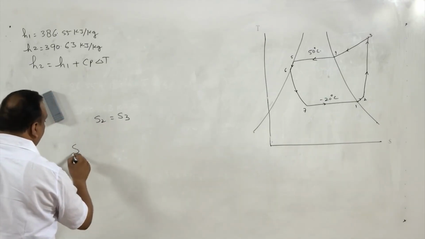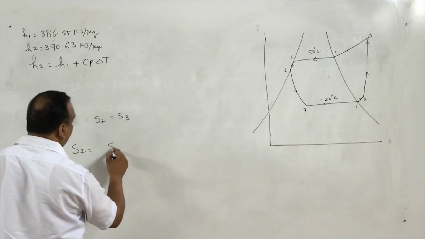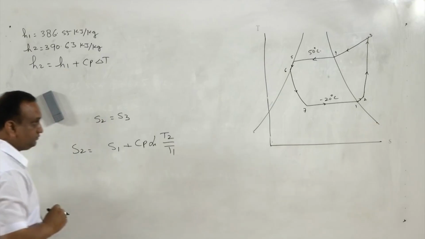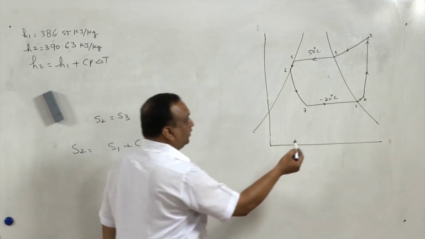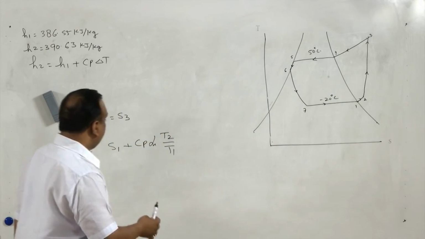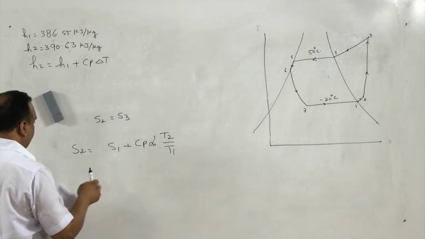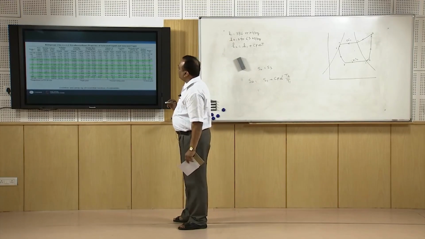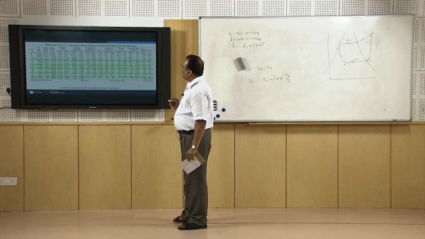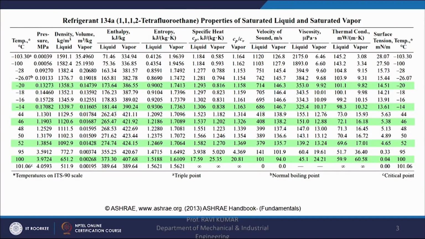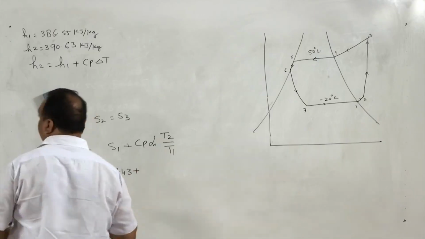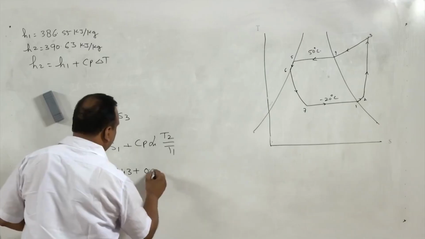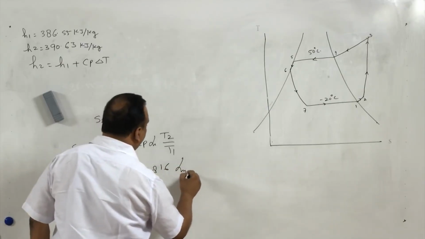Now, S2 we can find as S1 plus Cp natural log T2 by T1. This is a sensible heating process, and during sensible heating the change in entropy can be written like this. Now, S1 at minus 20 degree centigrade can be taken from here, and entropy of vapor is 1.7413. Specific heat at minus 20 degree centigrade is again 0.816, natural log of T2 by T1.